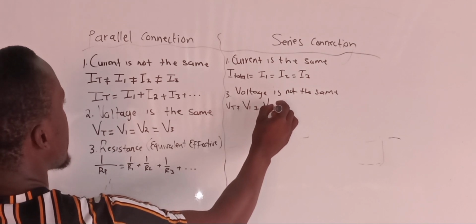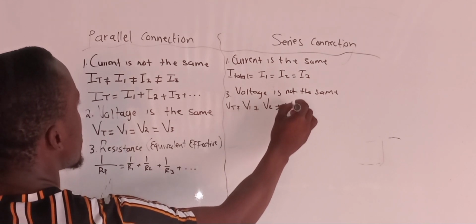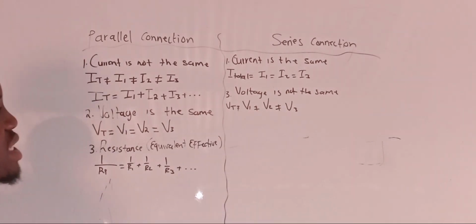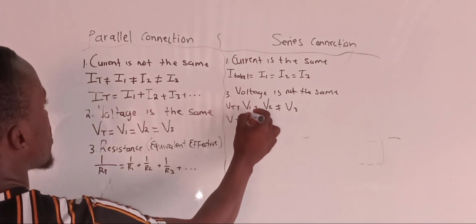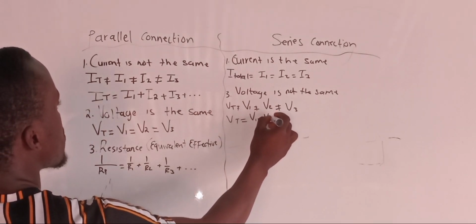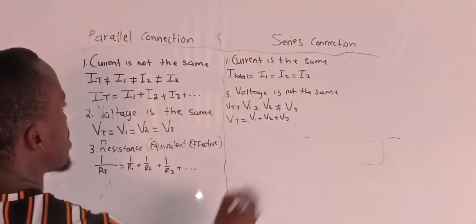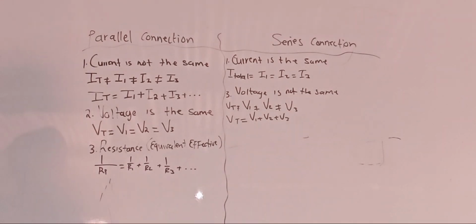It's not the same as the V in resistor number 2. It's not the same as the V in resistor number 3. But for me to get the V total, I have to do what? I must add the split voltages, or the potential differences, so that I can get the total voltage for series connected resistors. I don't know if you understand this, guys.